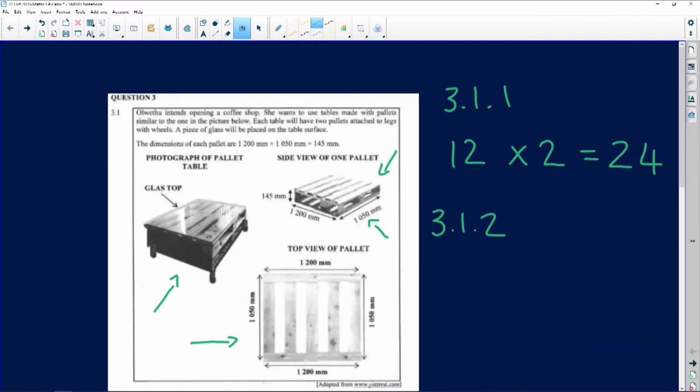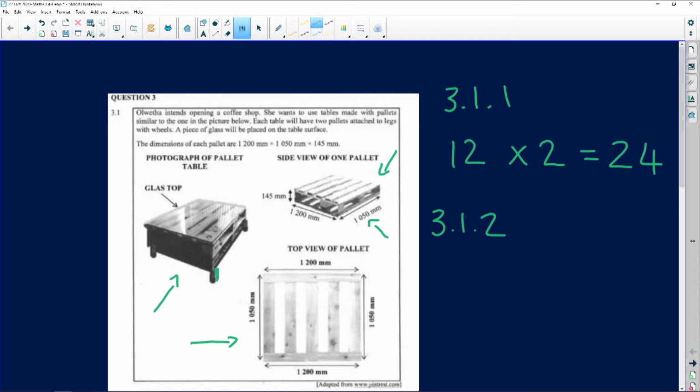The next question says, calculate the total height. Height is vertical, okay? Vertical is down going up or up going down. It says calculate the height of the table excluding the glass top if the leg including the wheel is 200 millimeters high. So already here we've got the 200 millimeters, and that's going to be this part of the table.